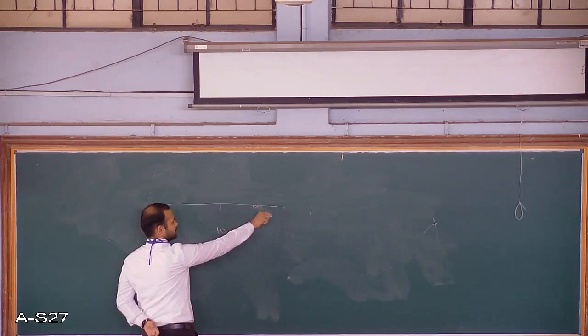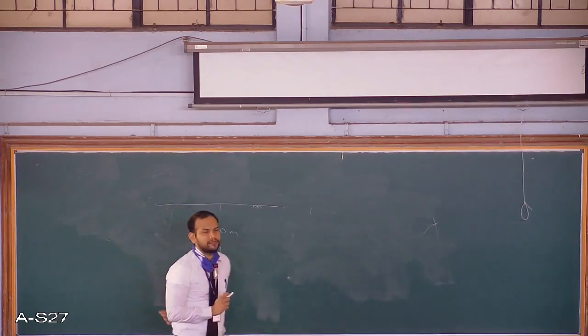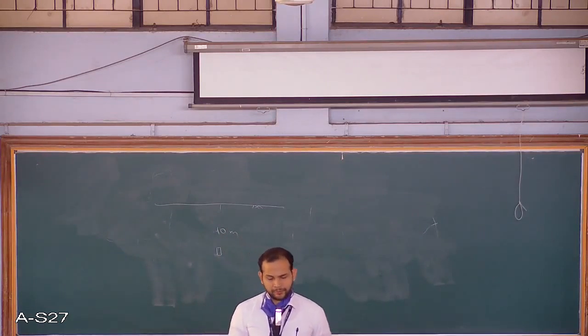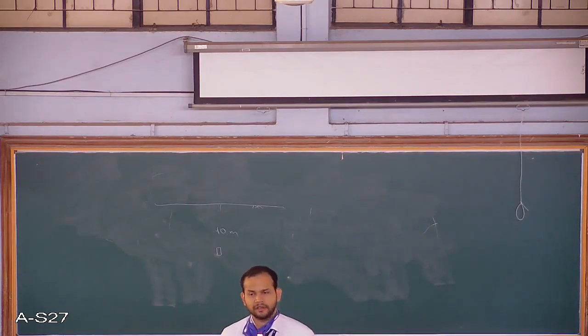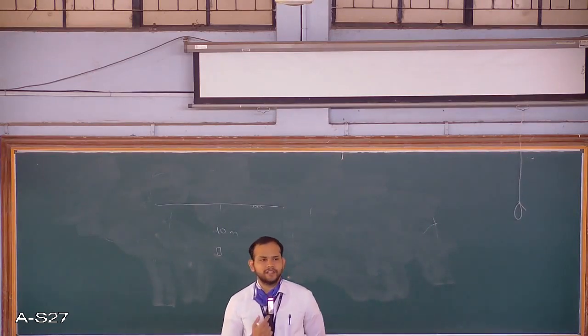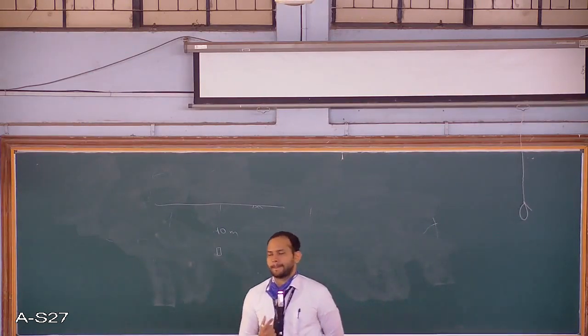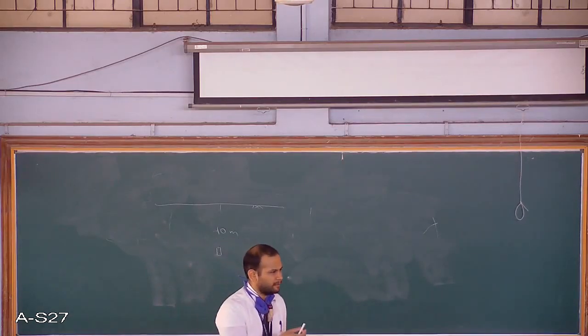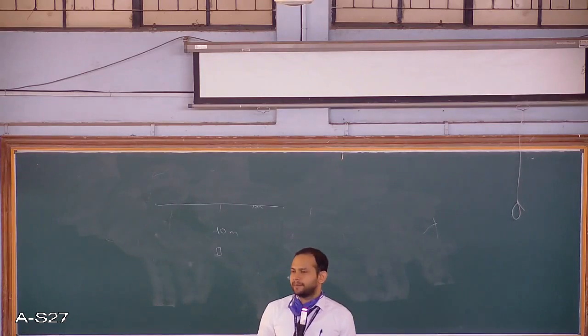This is ground. So I want to check this soil sample which is 10 meters below the ground. As an experimental engineer, your task is to simulate the field conditions as much as possible, because if I take a sample from the field and test it in the lab, it won't behave the same, right?